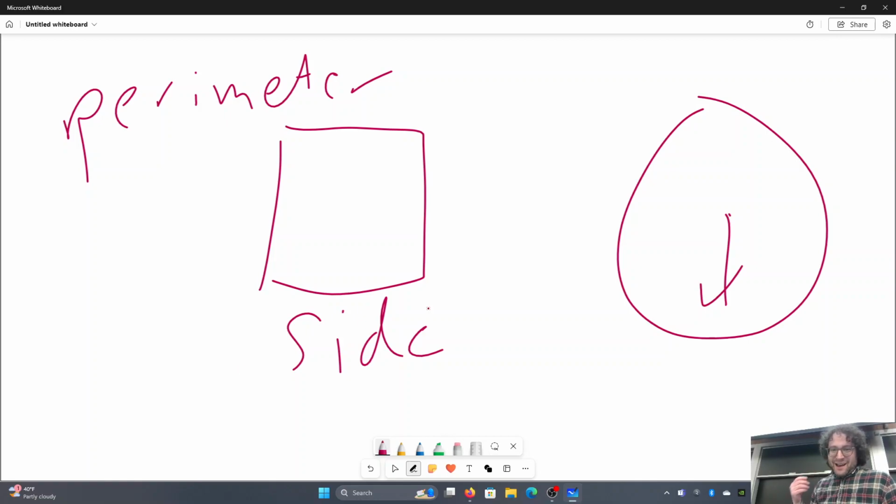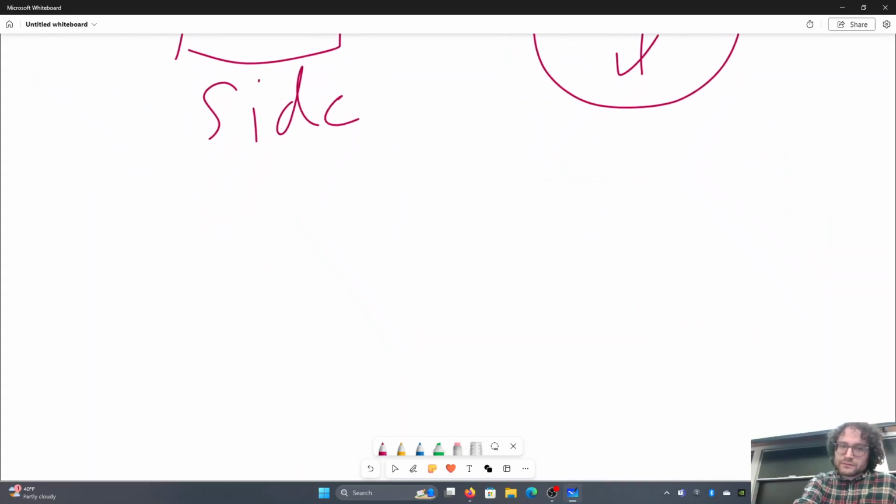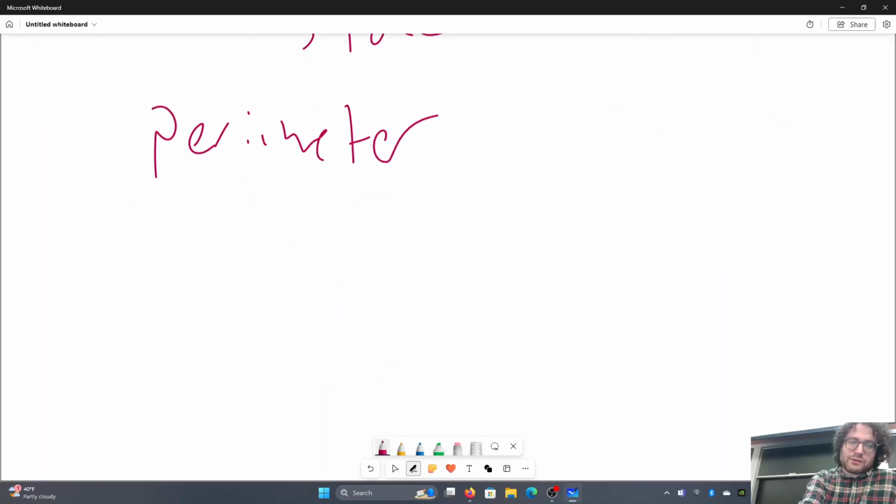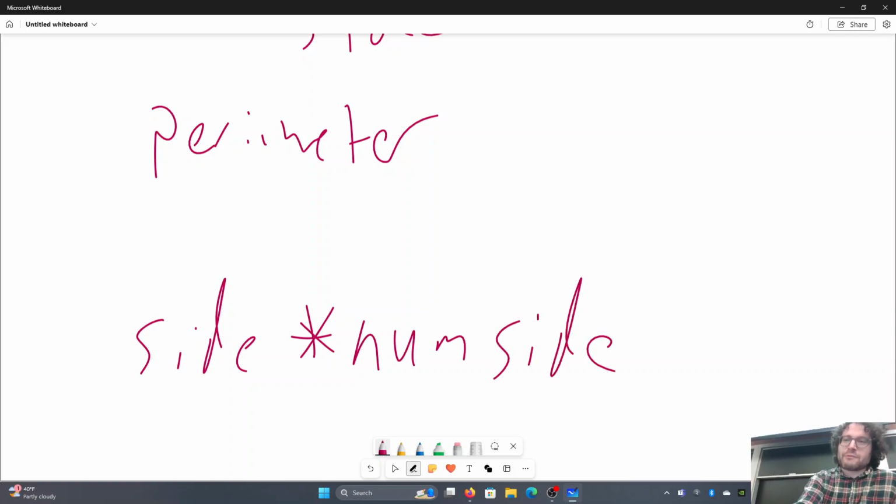It's great. Anyway, so we have the perimeter here, and we've got the circumference. Okay, the perimeter is equal to what? It's equal to the side length times how many sides there are, num sides. That's how we figure out what the perimeter is, right?